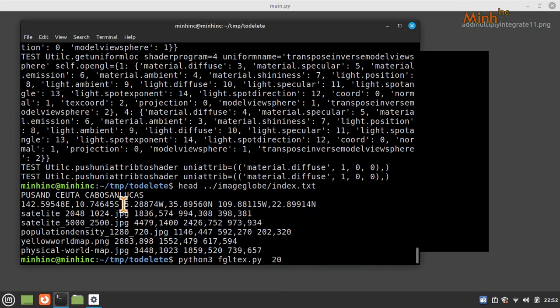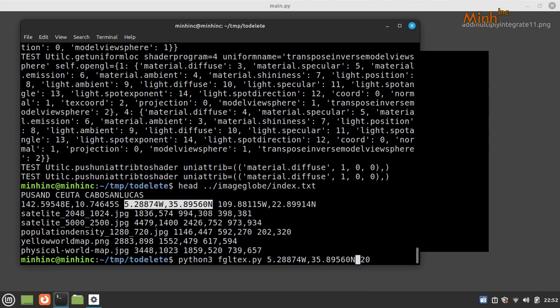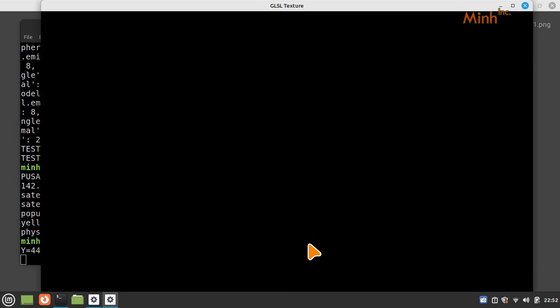Okay, there are other latitude, longitude. This one, I believe, is somewhere near Spain. So it is west, so it would be minus, and north is plus. All right.